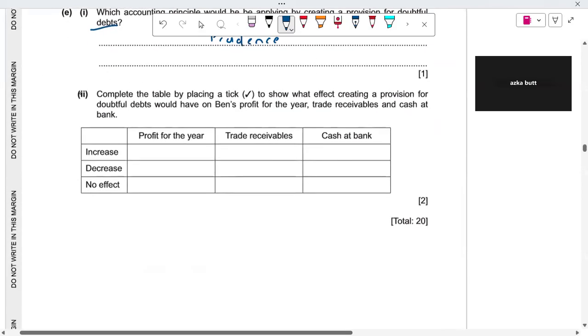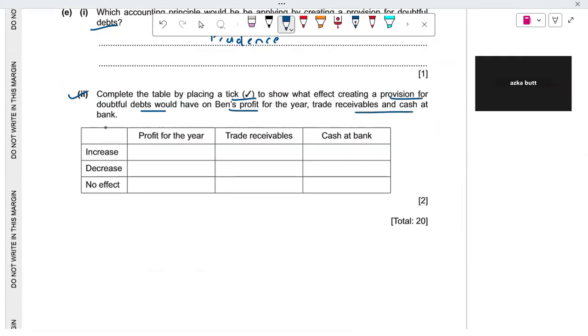Second part is: complete the table by placing a tick to show what effect creating a provision for doubtful debts would have on the profit for the year, trade receivables, and cash at bank. Okay, so basically profit for the year.